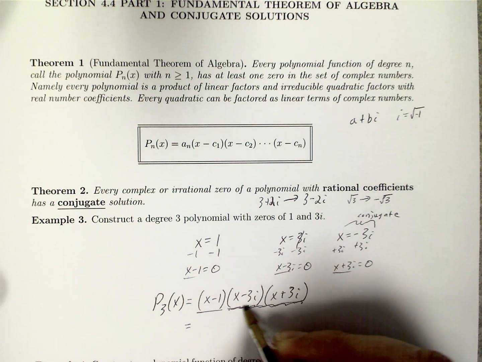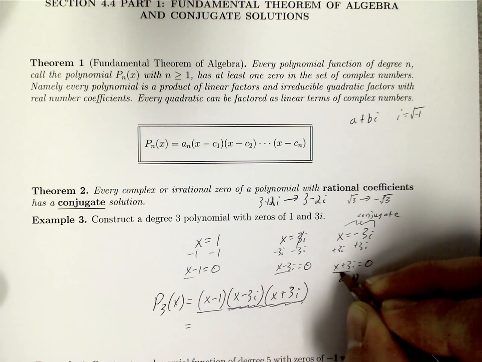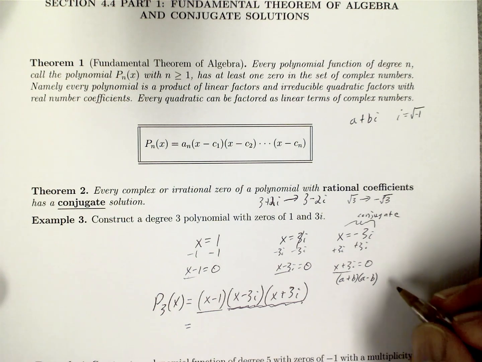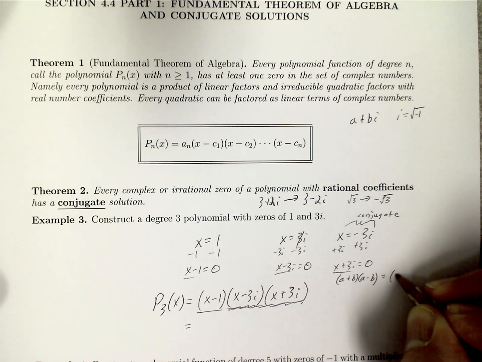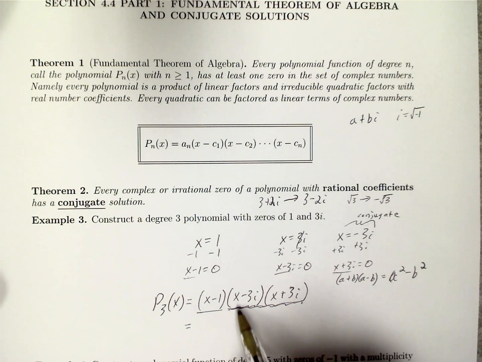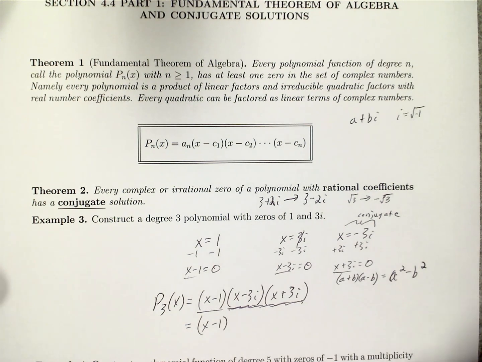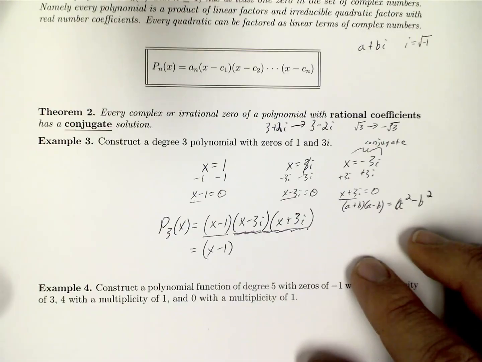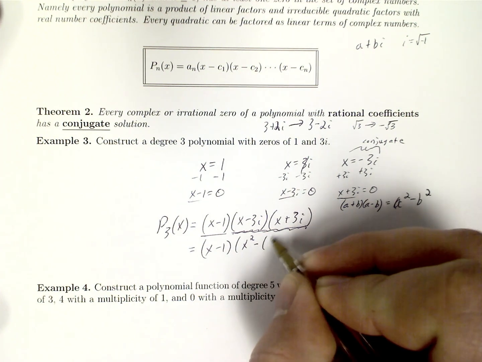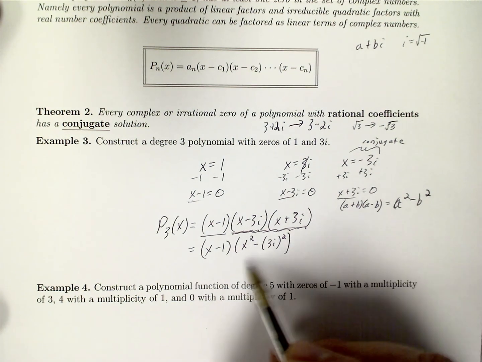Now x minus 3i times x plus 3i is an example of an already factored difference of squares. Remember, a plus b times a minus b is the same as a squared minus b squared. So what does x minus 3i times x plus 3i multiply to be? Well, it multiplies to be x squared minus 3i squared. We're just multiplying these two right here.